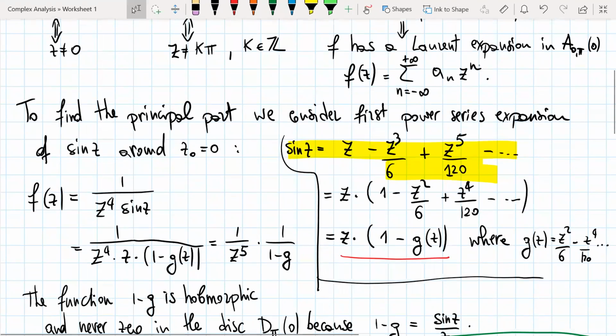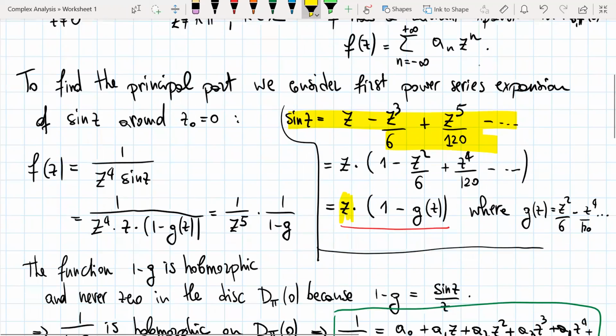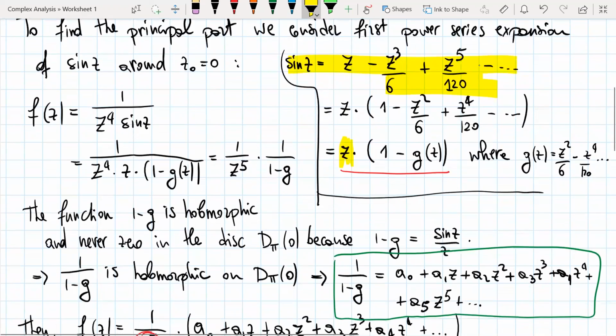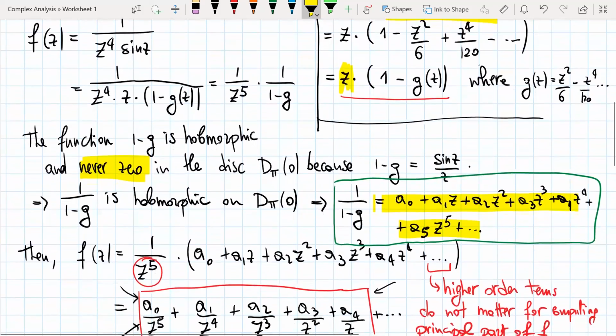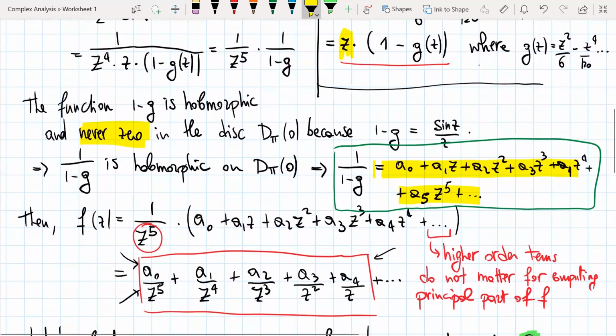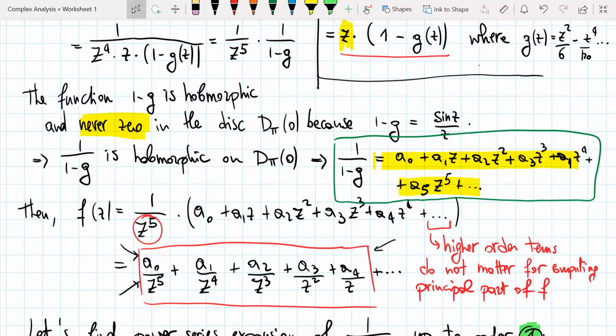We first got rid of one factor of z, and then the rest is 1 minus g. This function is never 0 in the disk, which means that when I take 1 over 1 minus g, this is a holomorphic function, so I can expand it in power series. And this gives me the Laurent expansion of f up to any order I want.